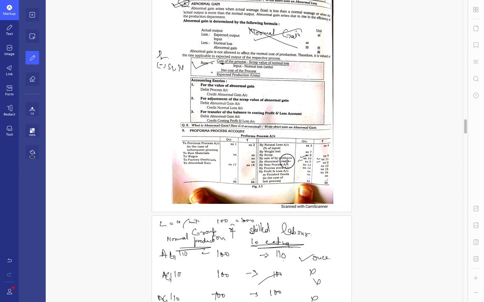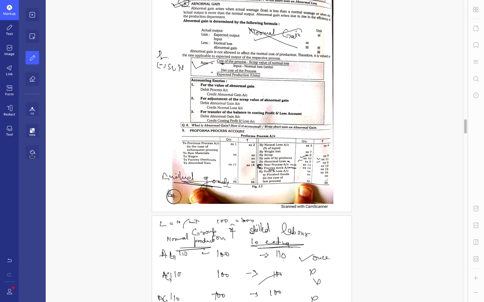Then we have abnormal loss. Before abnormal loss, I like to take the next process or the process stock account. The process stock account over here is also referred to as your inventory or finished goods account. The treatment for next process or process account is the same.